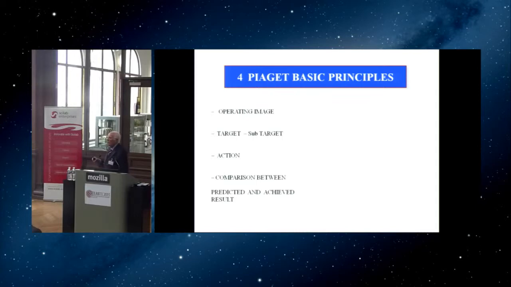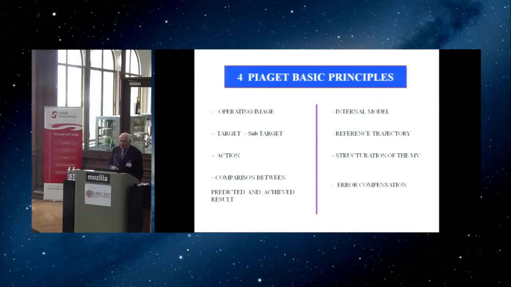And a little bit older, if he wants to grab a baby bottle, that's an action. Then there is a comparison between what he wanted to do, what he achieved, and what the result was. Those four Piaget basic principles are well-known, even to industrial people, not only psychologists.